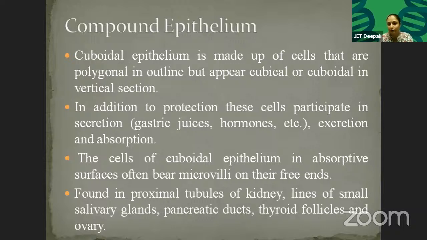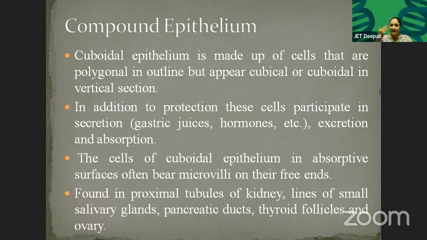Compound epithelium. Now what is compound? We are going on to compound epithelium. Cuboidal epithelium is made up of cells that are polygonal in outline. Poly means many shapes in outline. It looks like the shapes are polygonal in outline, but they appear cubical when you cut the vertical section.